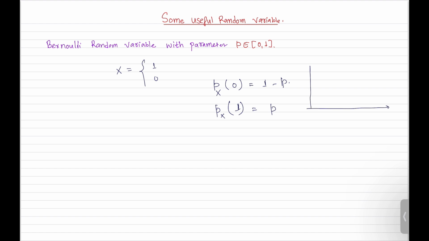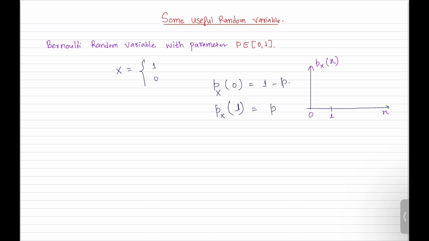And if we have to draw it, let's say this is the probability that the random variable will take some value, and this is the value that the random variable is taking. So the random variable takes the values 0 and 1.